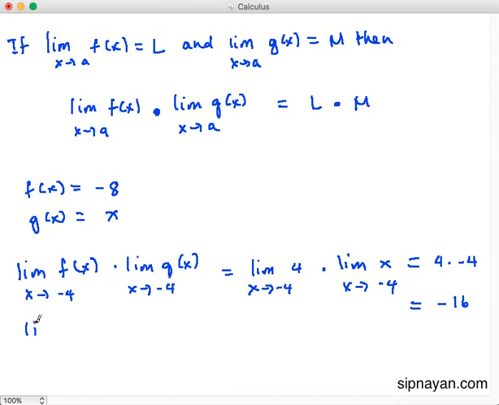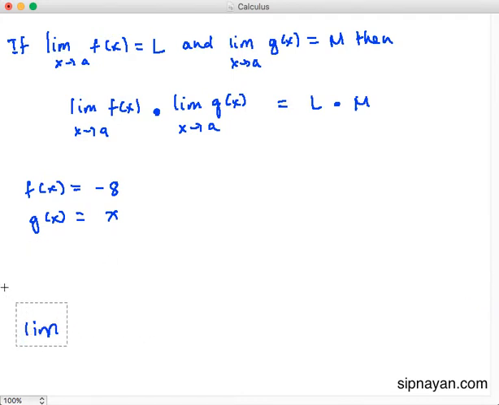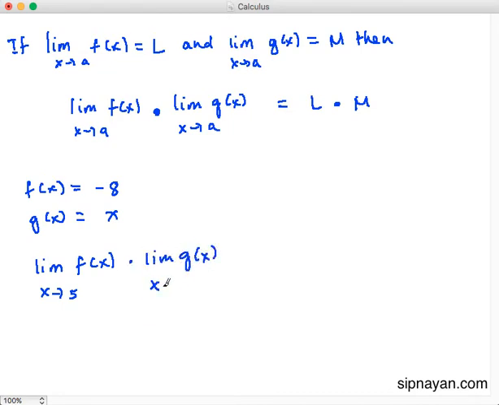So, the limit of f of x as x approaches, for example, maybe positive naman, positive 5 times the limit of g of x as x approaches positive 5. Tandaan nyo pareho pareho dapat yung ina-approach kasi yun yung nasa theorem, no? Parehong a. So hindi ka pwedeng approaches 3 dito.